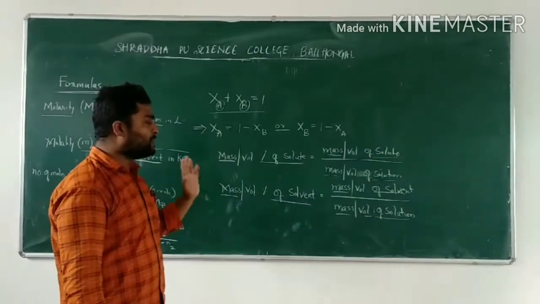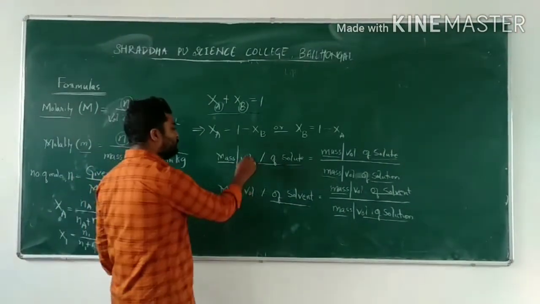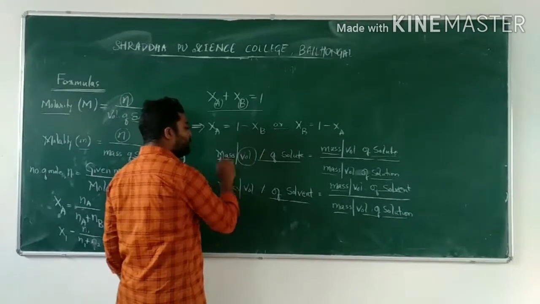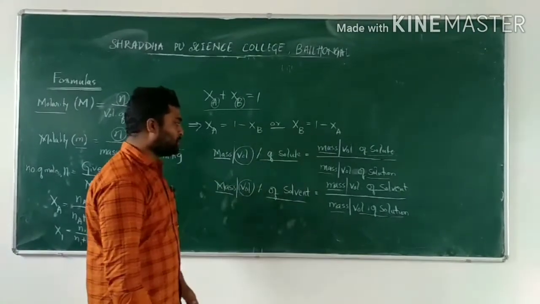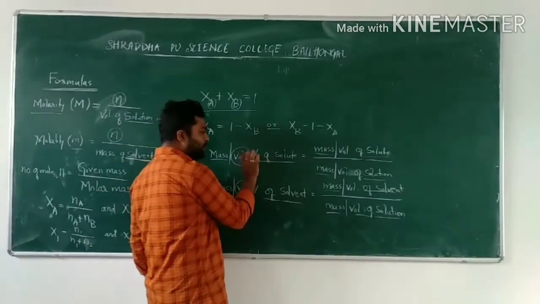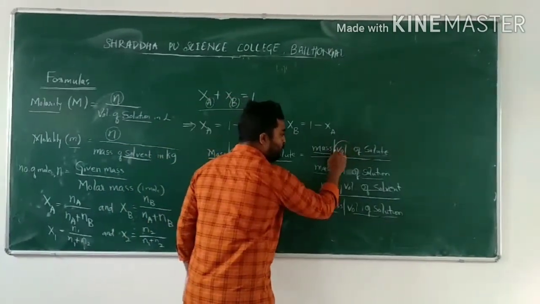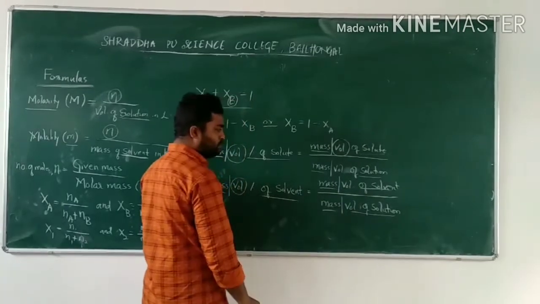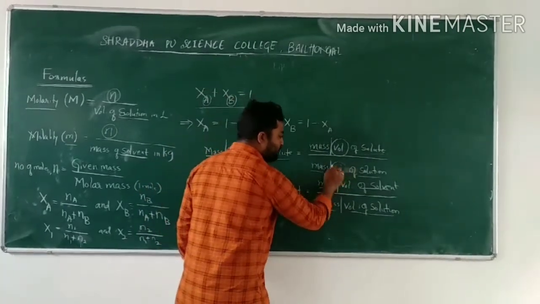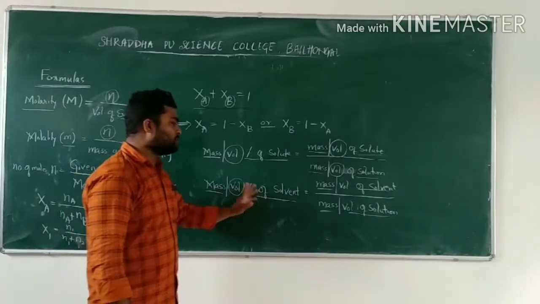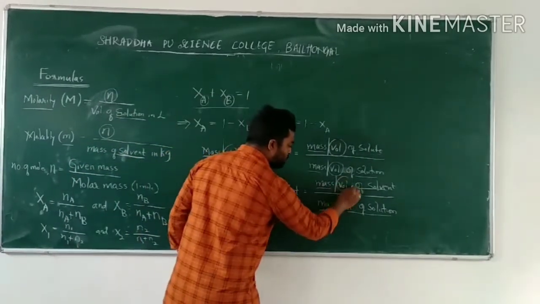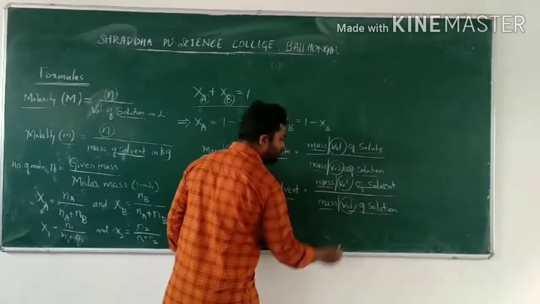This is for your mass percentage. If you are doing volume percentage, then volume percentage of the solute is equal to volume of the solute divided by volume of the solution. Same way, volume percentage of the solvent is equal to volume of the solvent divided by volume of the solution.